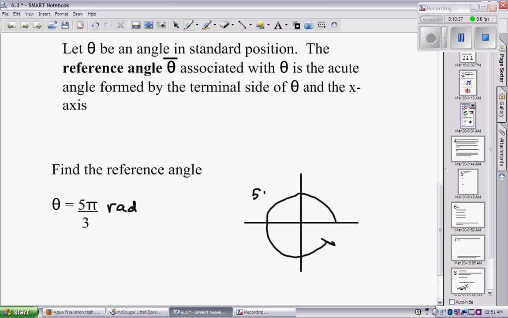This is 5 pi over 3. How much more do we have to complete to get the full circle, or to hit the x-axis? Pi over 3. So that means pi over 3 is our reference number. And that's all we wanted.